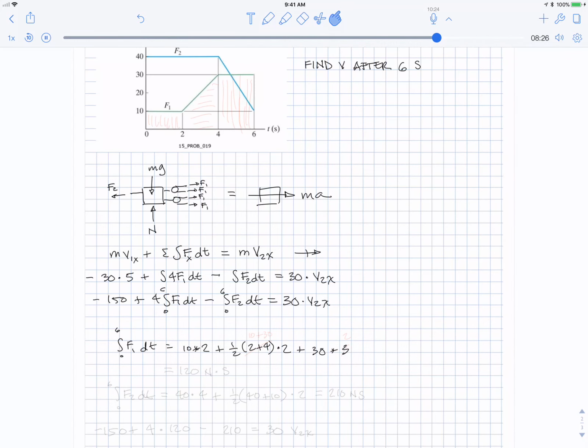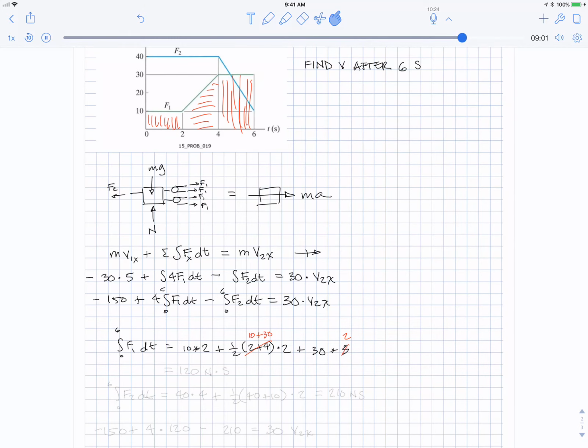The average height of that trapezoid is 10 plus 30. So what I'm doing is I'm getting this area first, then I'm getting this area next, and then I'm getting this area last. Okay, so area 1 is 10 times 2. The area of that trapezoid is the average of 10 and 30 times the width of 2. And the last one is 30 times 2. That's the width of 2.